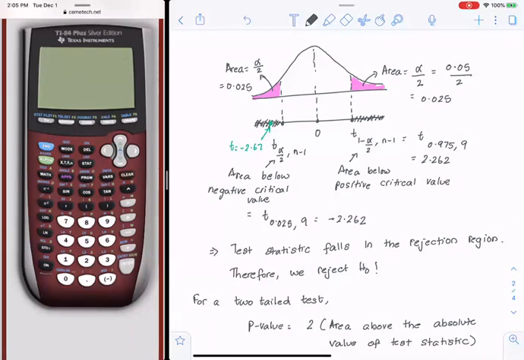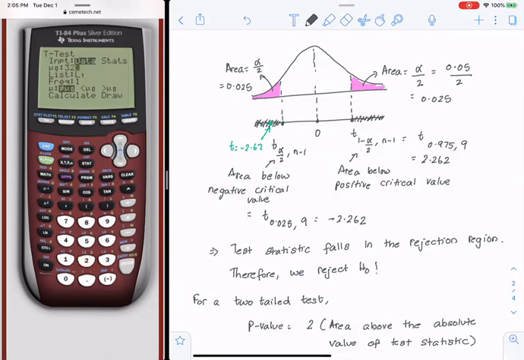In this problem, we have the data. So I'm going to make use of the data. So start, over to tests. Option number 2 is a t-test. So select 2. We have the data. So enter. Mu naught is 32 in our case.